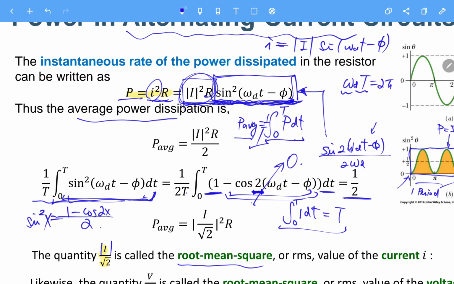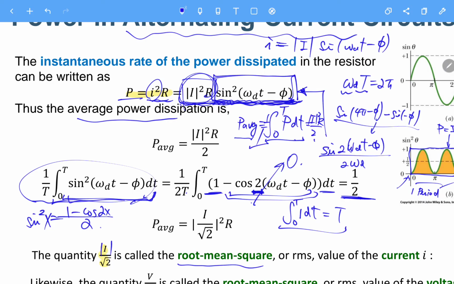So it will be sine of 4 pi minus sine of negative 4 pi, which turns out to be 0. So the second term will be 0. In short, this integration is 1/2, which means the integration of the whole thing is 1/2 of I square R.